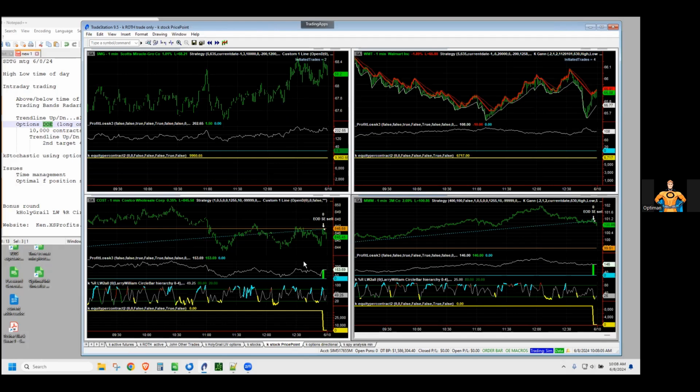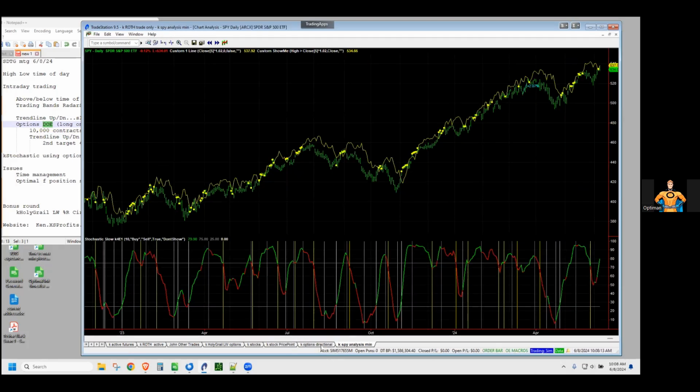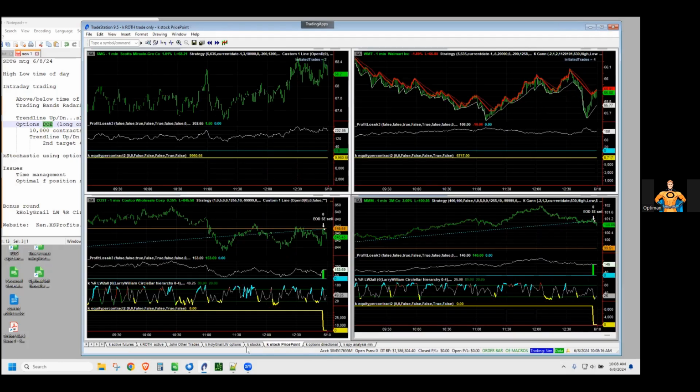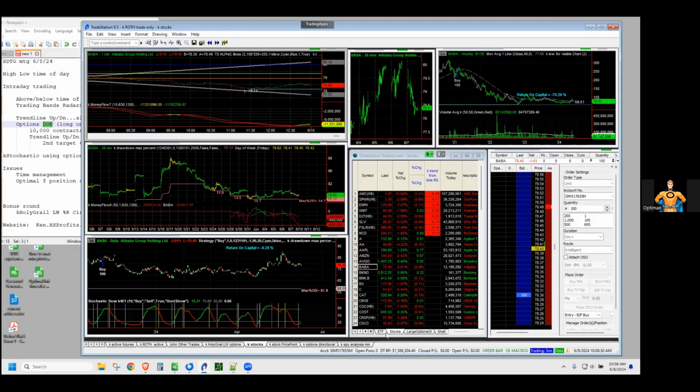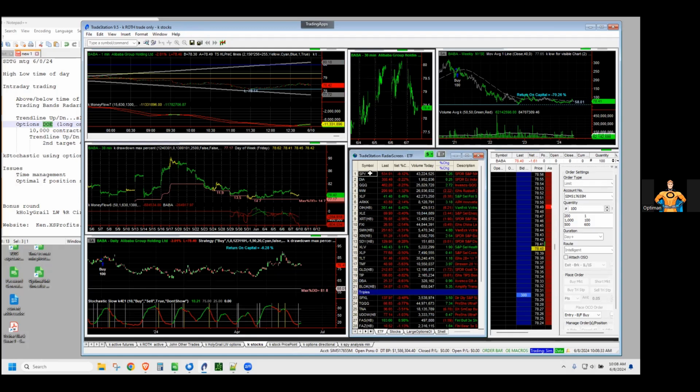And if you start looking at this in terms of applying it to options, you can do the same kind of thing here. Here we go, options. You can do the same kind of thing with options, although your returns are going to be significantly better. So if you look at the price action of SPY, let's go to my radar screen and I'll click on SPY here.